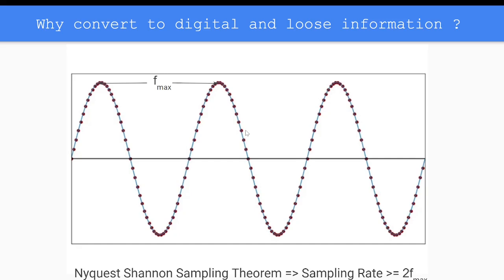That's why, when we select an ADC, it's up to us to determine what type of signal we are going to capture. We should know the maximum frequency present in that signal, and based on that, we should select the ADC chip which provides a sampling rate of 2 times the maximum, so that you can sample and use that IC in your circuit or design.